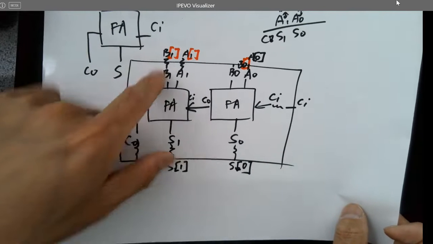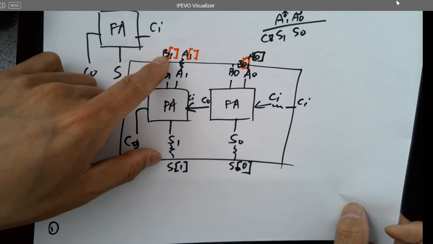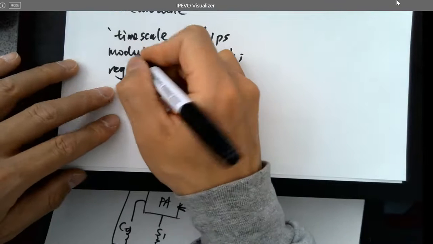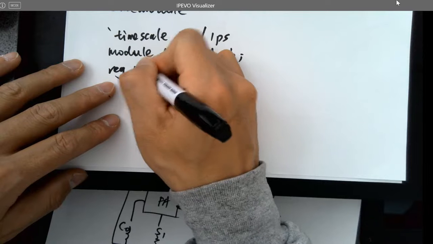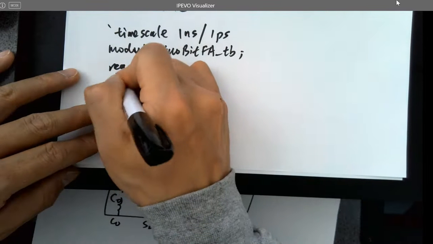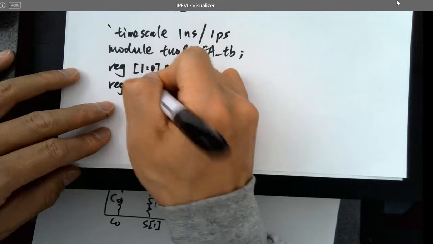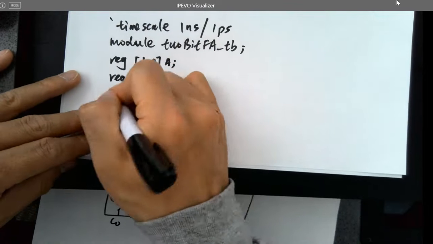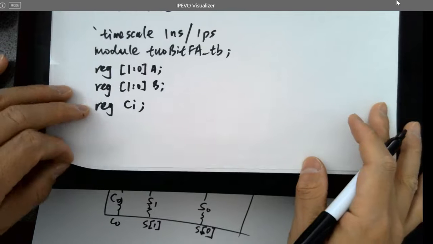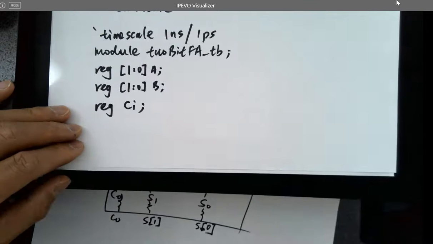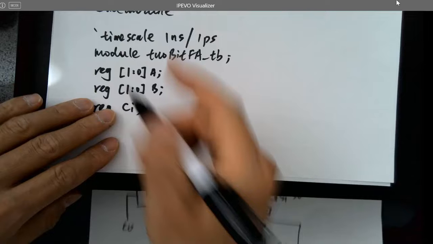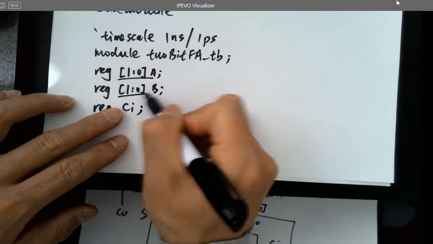So definitely the test bench is going to have A, so 2-bit A and B. Keep in mind, when you declare it, keep the bracket in the front.